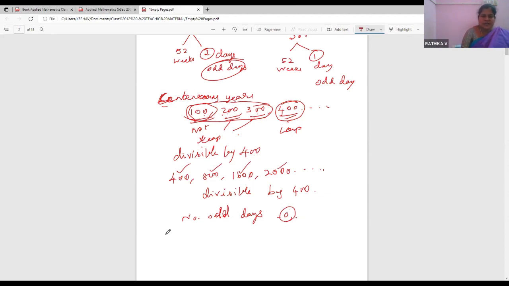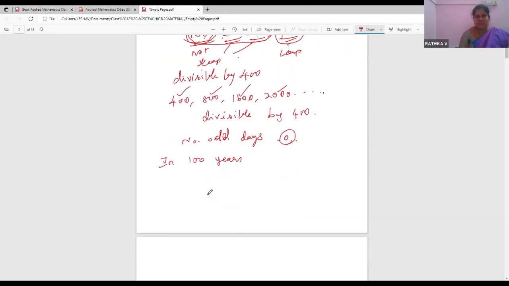Next, in 1 century, in 100 years, how many odd days are there? Based on this, we can work out the whole calculation. How do we calculate this? I divide 100 by 4, and everybody knows it is 25. So the number of leap years is 25, but since 100 is not a leap year, I have to subtract 1.